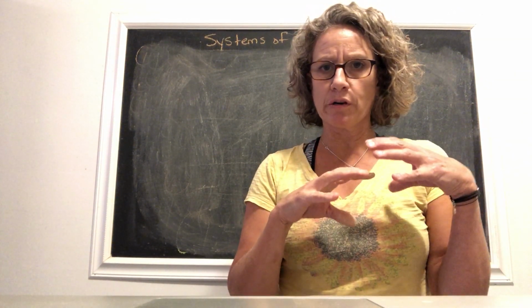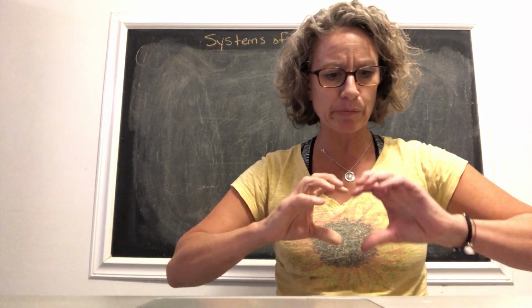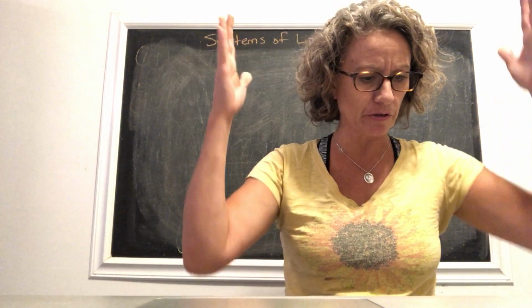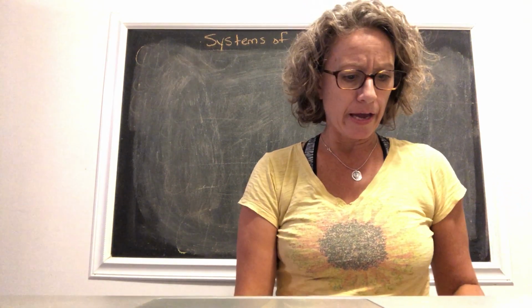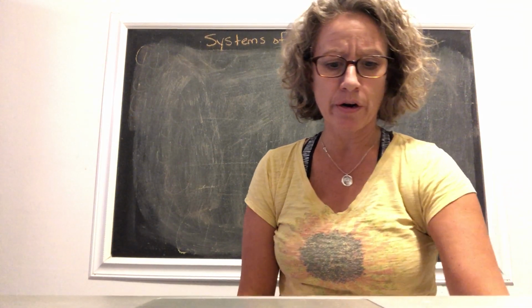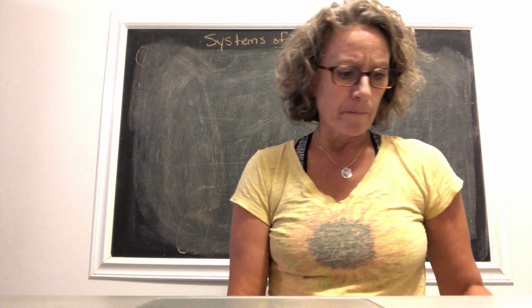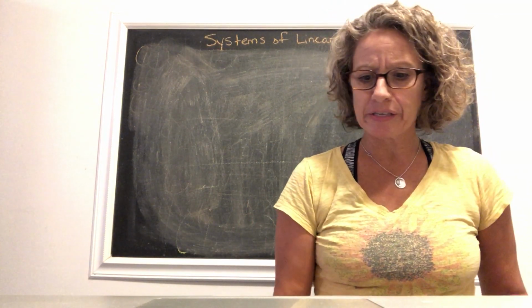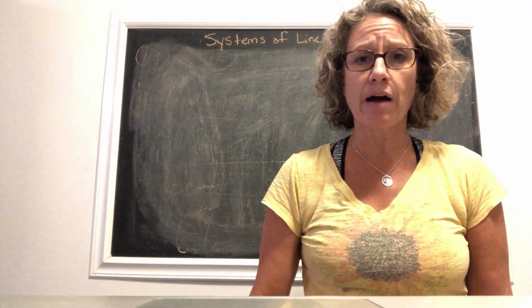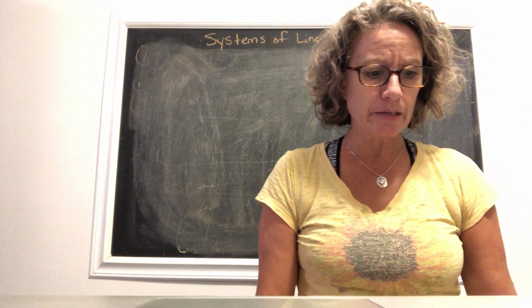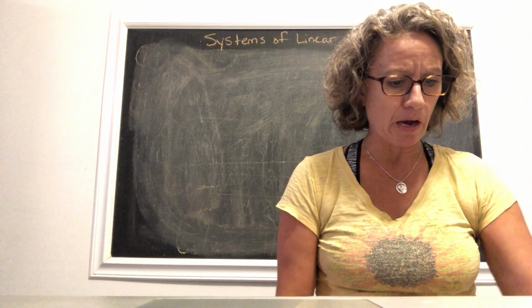If you're in your notebook, turn the page, and if you're at the bottom of the note page, go to the next page, because it really does take a full page. And the neater you are, the more organized you are with your work, the easier it is going to be to find mistakes. And it's easy to make them, so you have to go slow, you have to be meticulous, and you have to show all your steps.